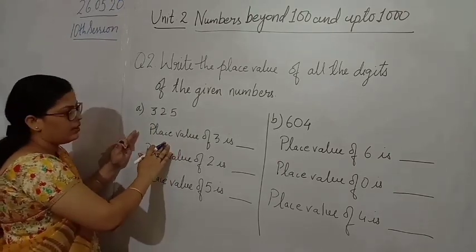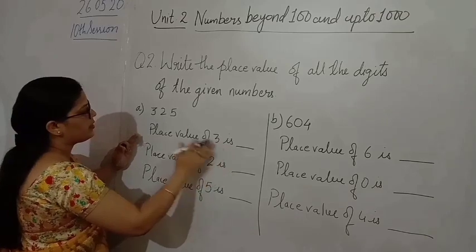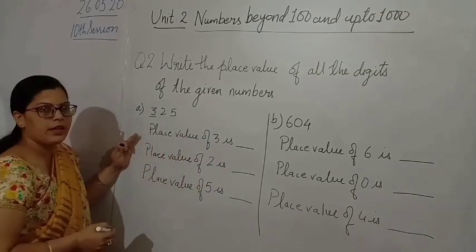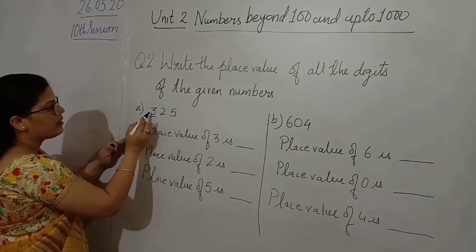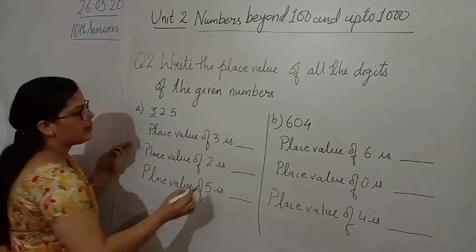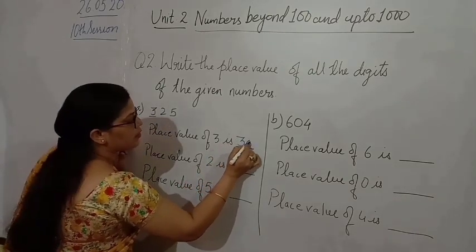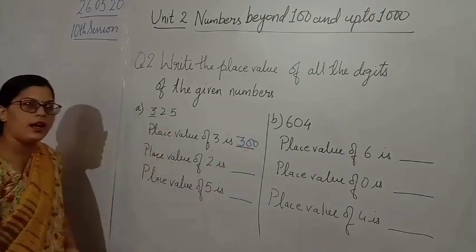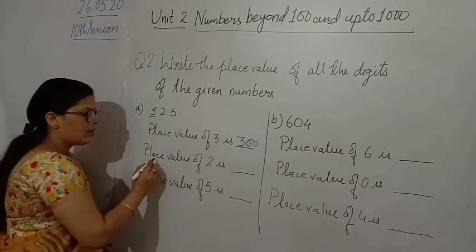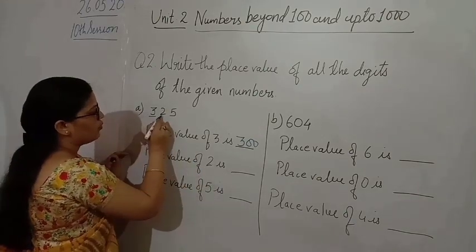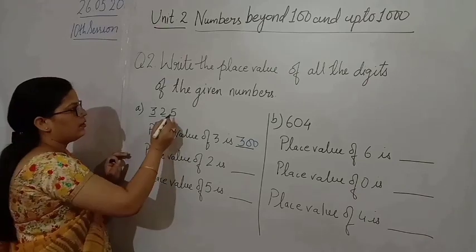Place value of 3 is, what is the place of 3? Ones, tens, hundreds. 3 is at hundreds place, so its place value will be 300. Now place value of 2. What is the place of 2?